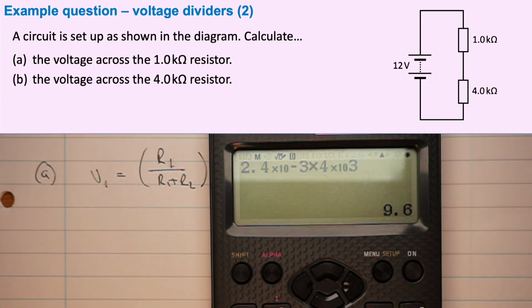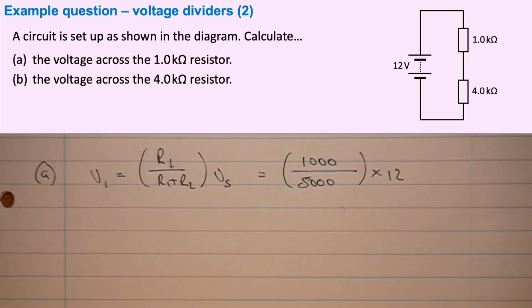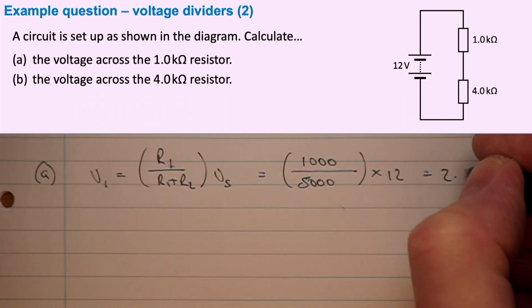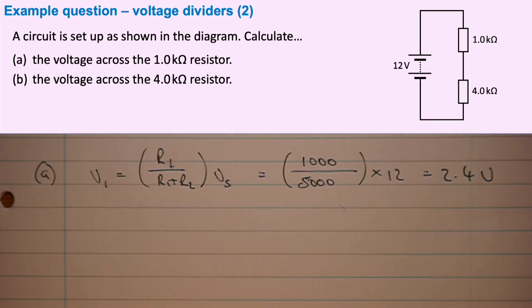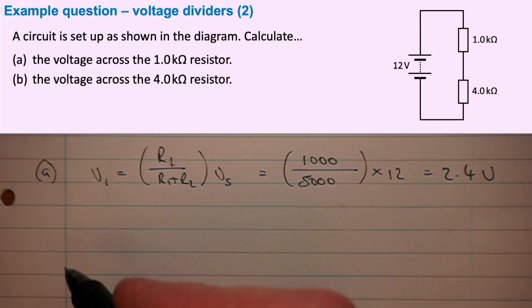So let's see, in brackets I'll say 1000 divided by 5,000. I know what you're thinking, he's not using the fraction button. Anyway, that gives us 2.4 volts. So that's a lot quicker than the method we used before. And of course, it's a method that can be used if we're only working out the voltage. If we want the current, I would suggest obviously memorising that first method.